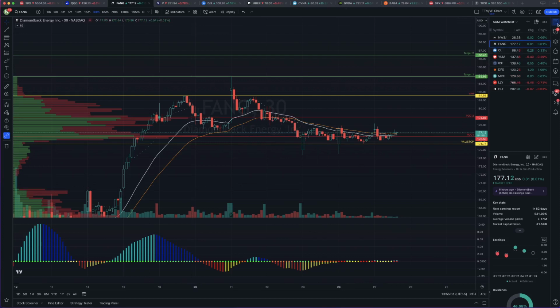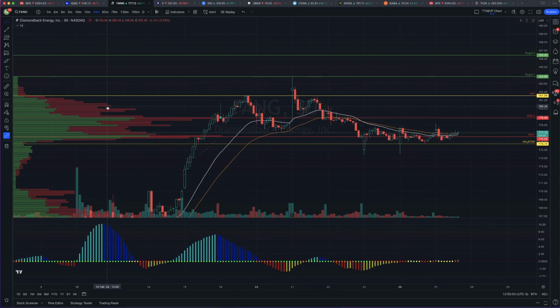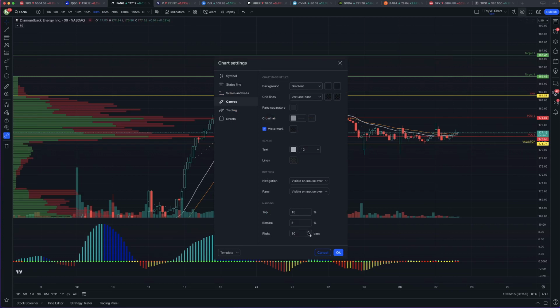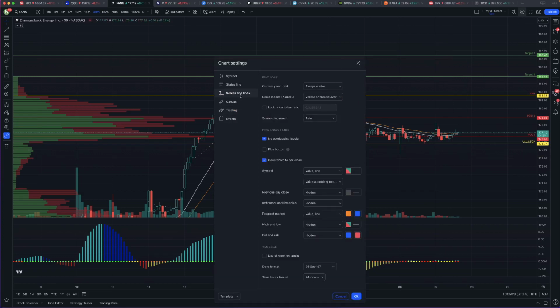I cannot zoom in. You should be able to zoom in. I think there's a way for me to make those bigger. Let's see. Value line. Hidden.